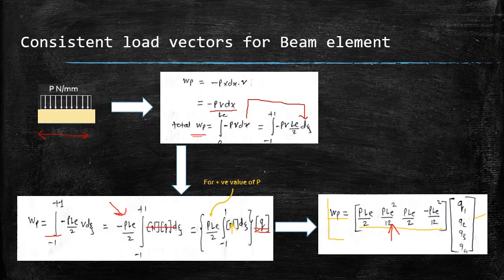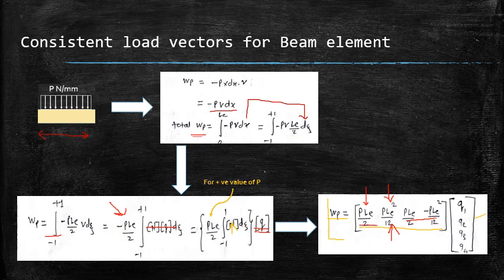See, this term P Le by 2 has a unit Newton per mm into mm, or Newton per meter into meter, which is equal to Newton. So the unit of this first term is Newton and the unit of this other term is Newton mm. So obviously this term represents nodal force and this term represents nodal moment. Same is with these remaining two terms.